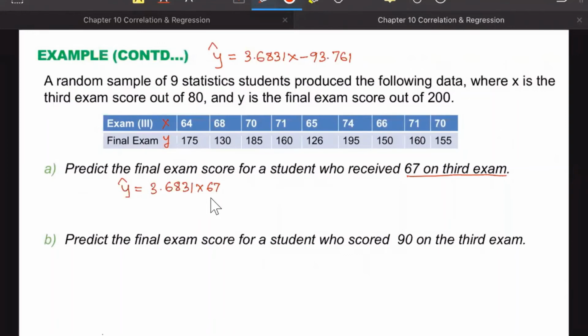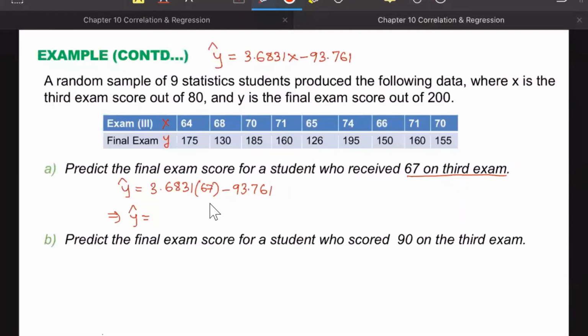If you don't want to write the multiplication sign, you can just write 67 next to it. Then minus the y-intercept, 93.761. Please simplify that using a calculator. All you have to do is type those values: 3.6831 times 67 minus 93.761, and find out what you get.